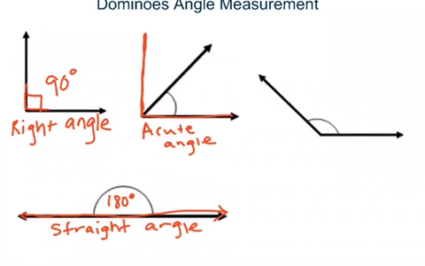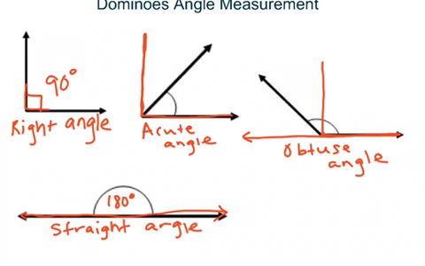What do we notice about this angle? Well, it's greater than 90 degrees, but it's less than that straight angle of 180 degrees. What do we call that? An obtuse angle. So it's greater than 90, but it's less than 180.